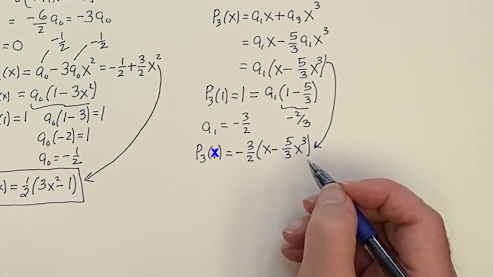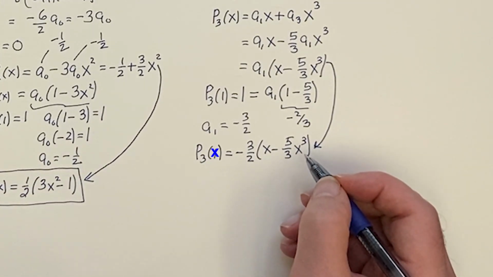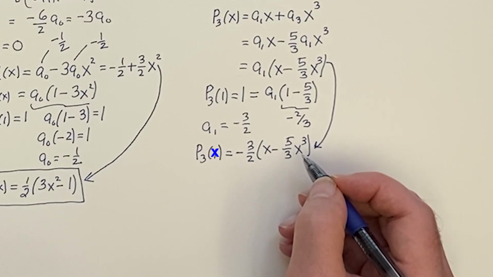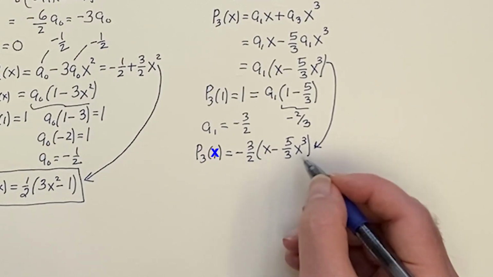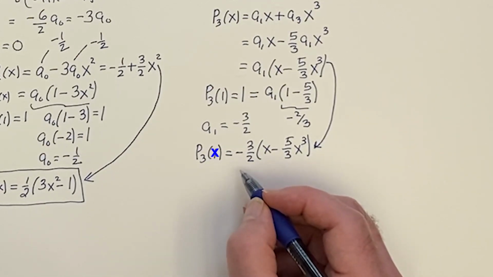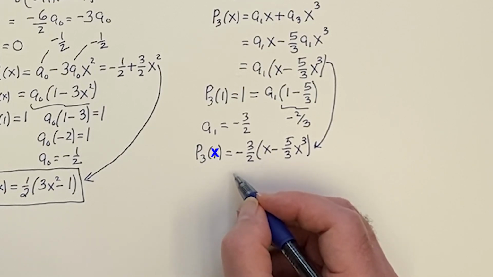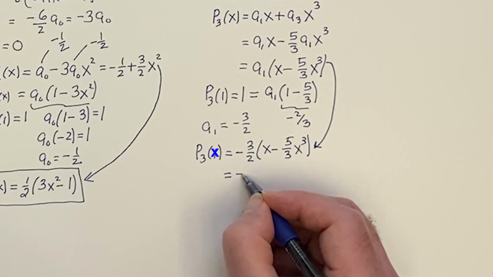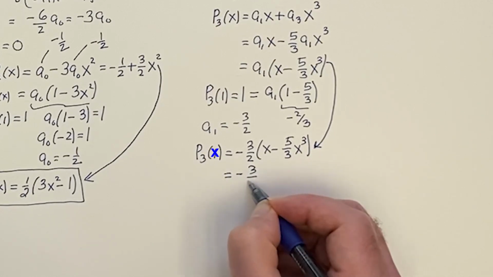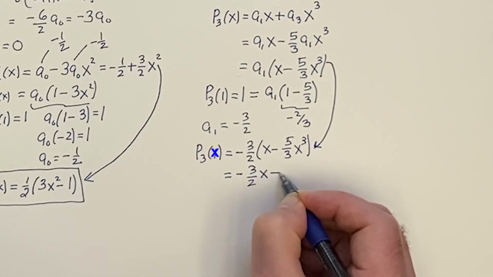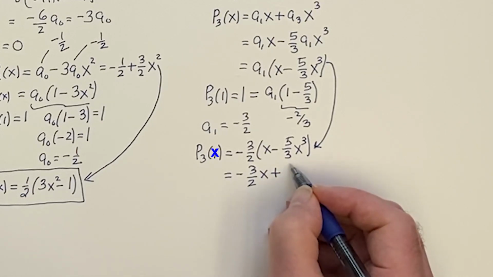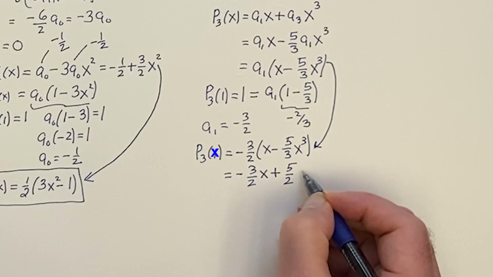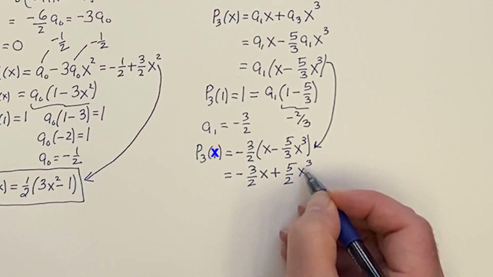And the convention is here, like when you write polynomials, write the highest order first, the highest power first. So here, we could write this as minus 3/2 x plus, this would be 5/2 x cubed.